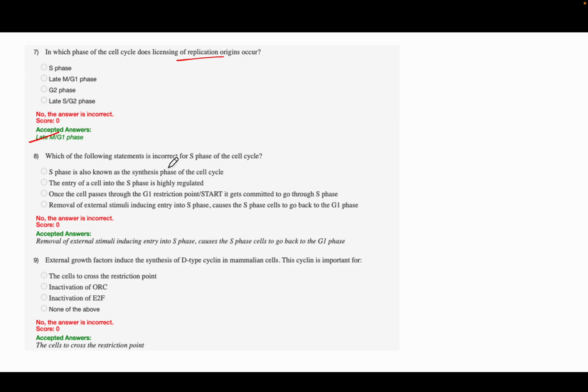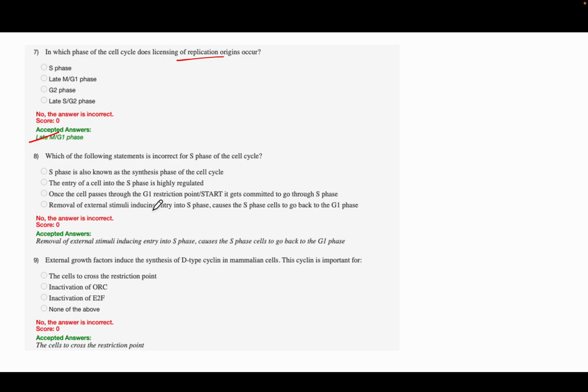Which of the following statements is incorrect for S phase of the cell cycle? The options are: S phase is also known as the synthesis phase of the cell cycle. This is correct. The entry of a cell into S phase is highly regulated. This is also correct. You have seen various checkpoints, various proteins which will be activated or downregulated, so that S phase is highly regulated.